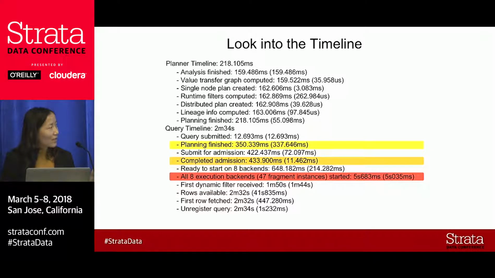After that, the fragments will be distributed to all the backends. So there's also the backend time here. The backend time depends on how large your cluster is. It might sometimes take a couple of seconds if it's a very large cluster or some of the nodes have network issues.